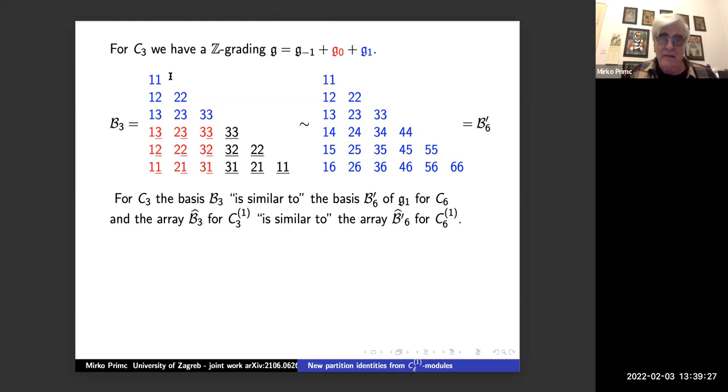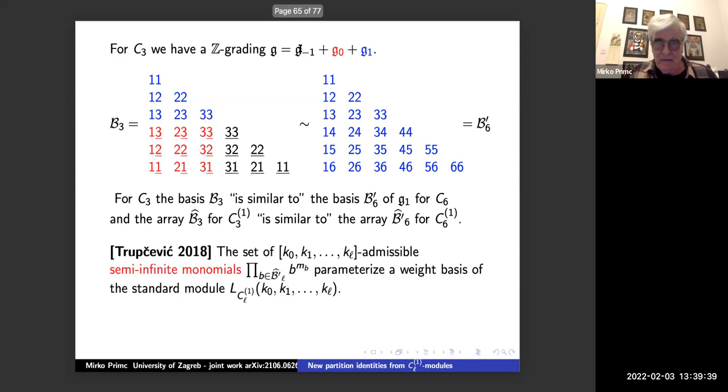But then if we make the array of B3, and the array of B prime 6 of these commutative things, then we get a theorem of Trupčević that the set of K0 to KL admissible semi-infinite monomials parameterizes the weight basis of the standard module for symplectic.